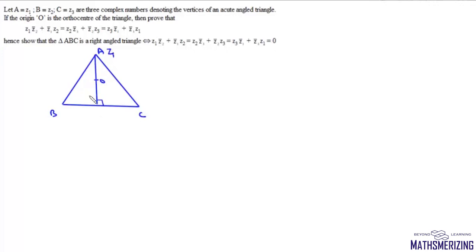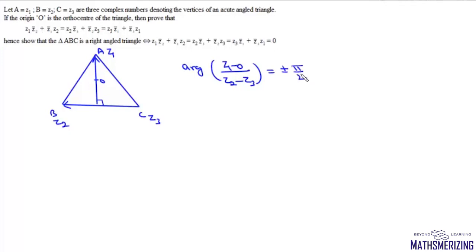Now these are Z1, Z2 and Z3. Now OA is perpendicular to CB. That means the argument of (Z1 minus 0) upon (Z2 minus Z3) is plus or minus pi by 2.